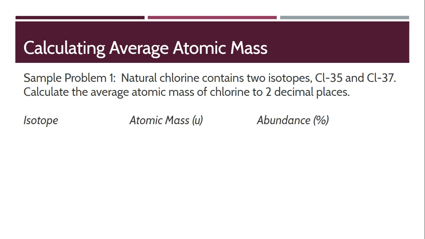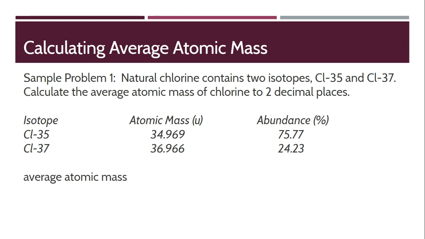So we're going to need some information. We've got the two isotopes, we need their atomic mass, and we need their isotopic abundance. For chlorine-35, its mass is 34.969, and its abundance is 75.77%. For chlorine-37, atomic mass 36.966, abundance 24.23%. So we're going to take our little formula.